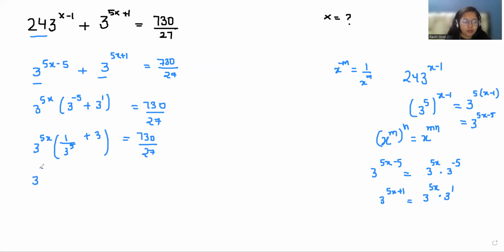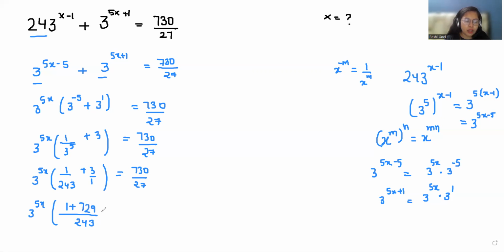So 3^(5x) times (1 over 3^5), we can write as 1/243, plus 3 is equals to 730/27. If I take the LCM, our denominator is 243. So 1 plus, if I multiply 3 by 243, I get 729.